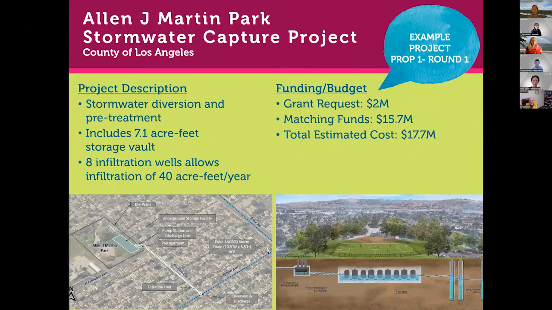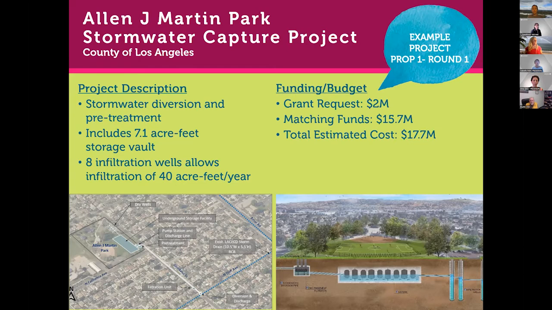And in areas like LA County in particular, where there's a significant amount of impervious surface area, these kinds of projects are really important to stop the flows running out to the ocean that pick up trash and other contaminants, and actually find ways to benefit the local groundwater basins.